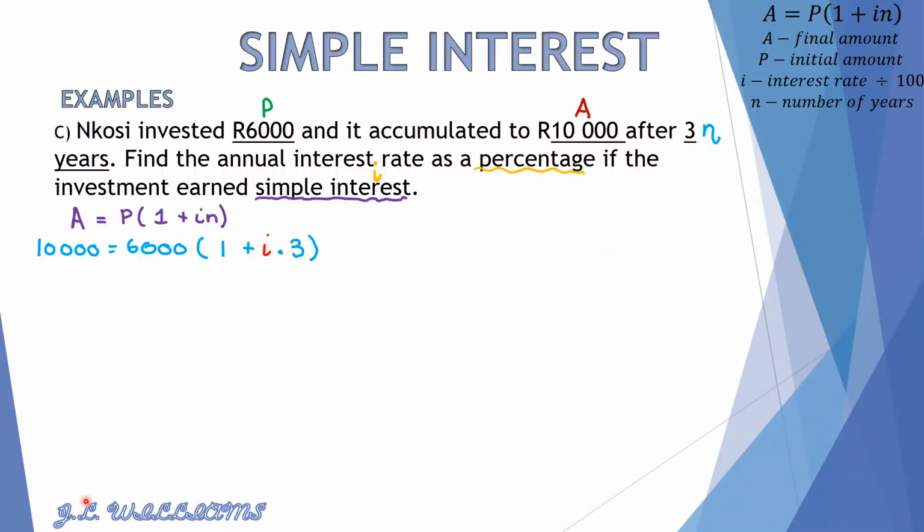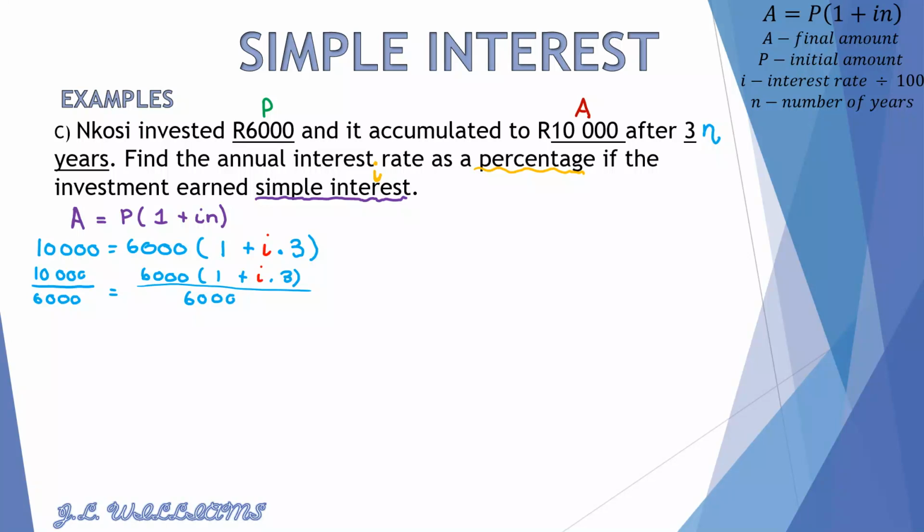So what we do, we go ahead and we divide both sides of our equation by the 6,000, and I'm going to write it out. So we go 10,000 divided by 6,000 is equal to 6,000, 1 plus our red I multiplied by 3, also over 6,000.